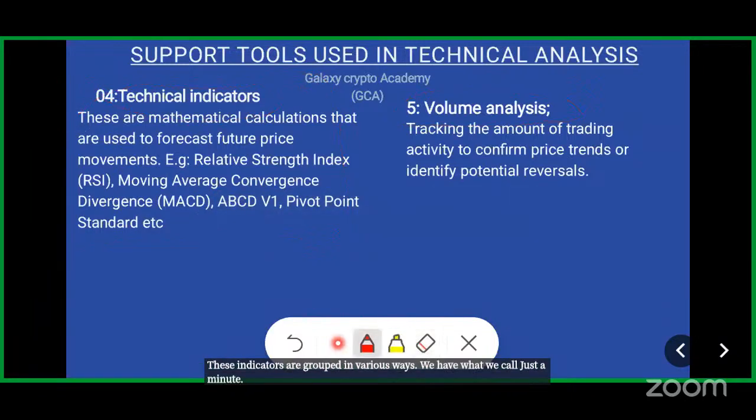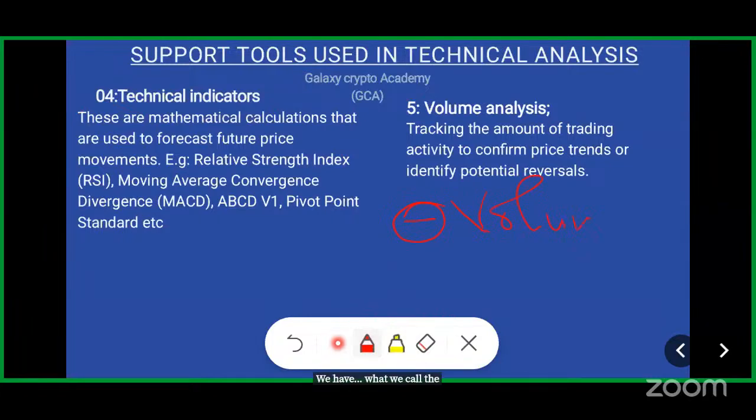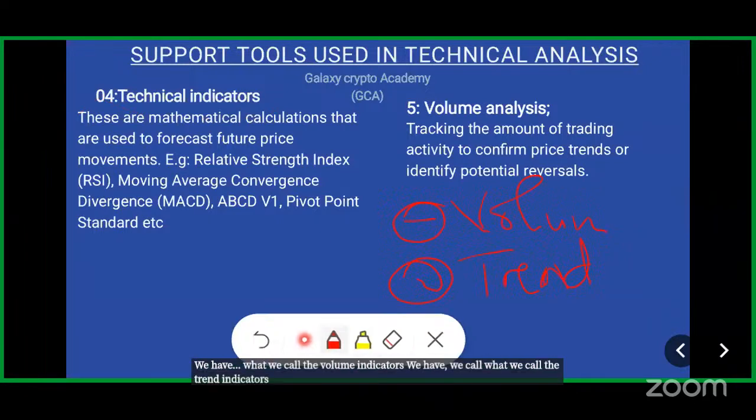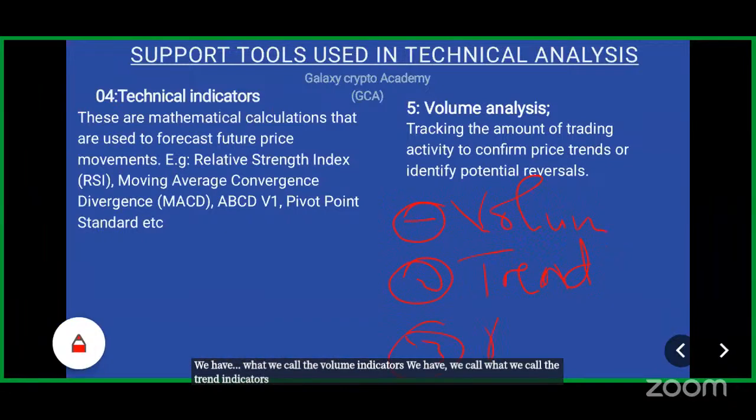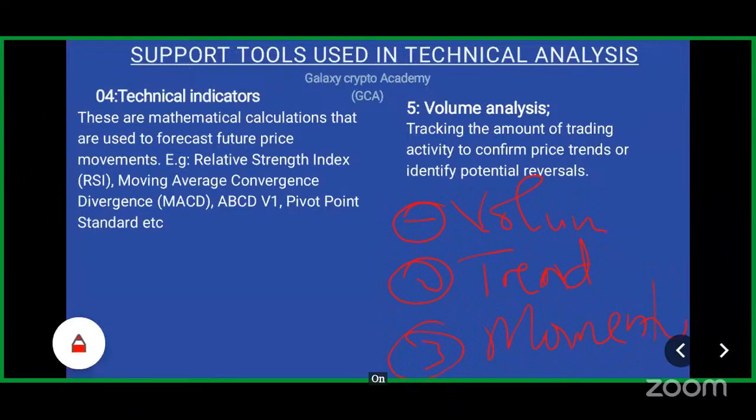We have what we call the volume indicators. We have what we call the trend indicators. Then three, we have the momentum indicators. Now, I may narrow my mind onto maybe two.